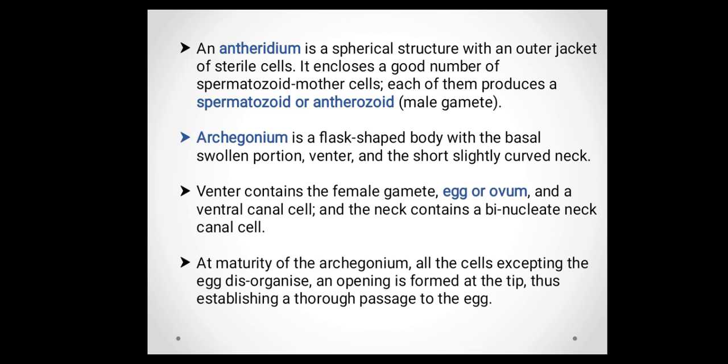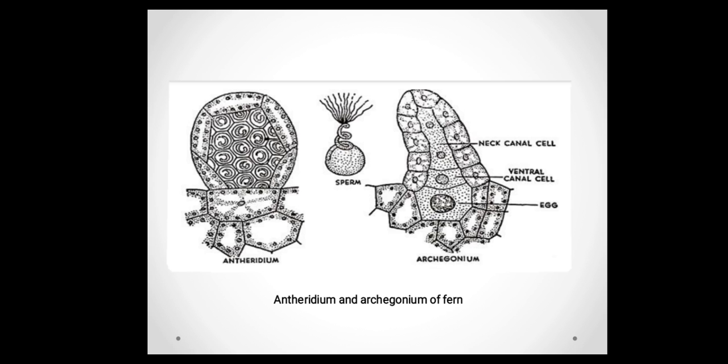The neck contains binucleate neck canal cells. At maturity of the archegonium, the canal cells disorganize and the tip opens, so the egg is ready for fertilization.